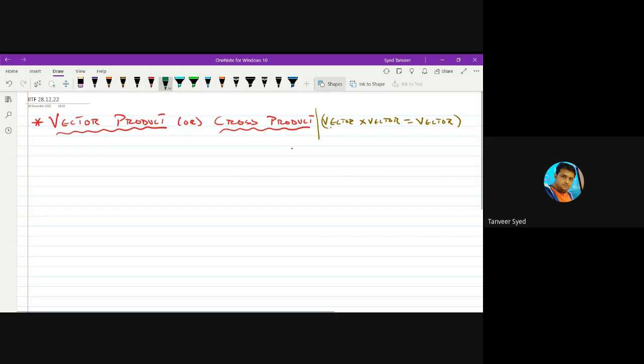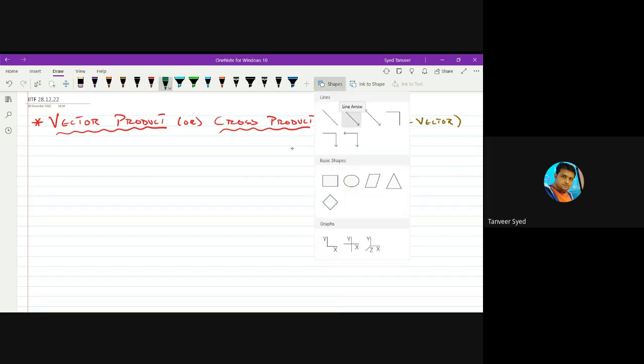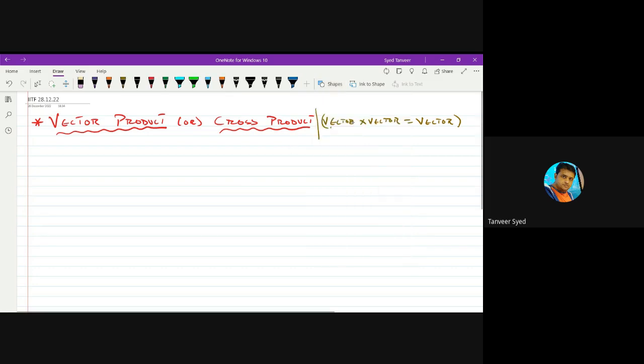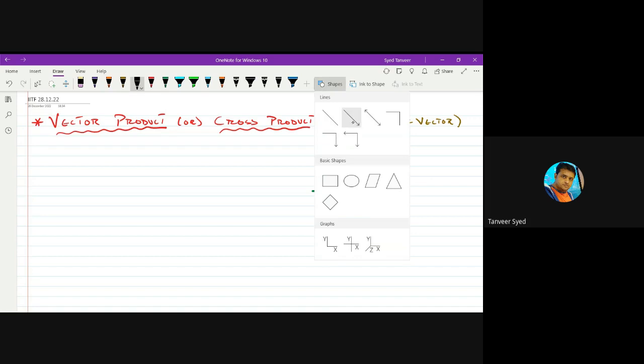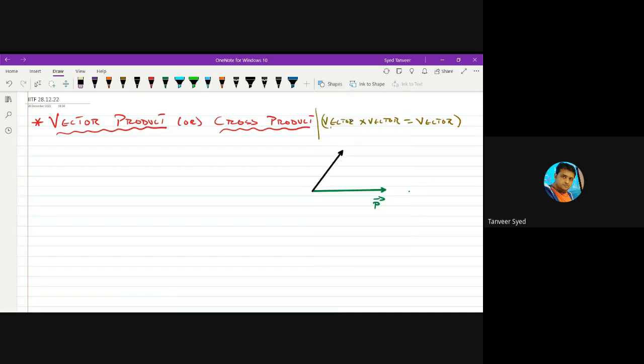Let us take two vectors. This is one vector P. This is another vector Q. Both are making angle theta with each other.